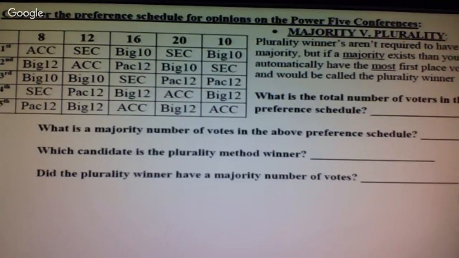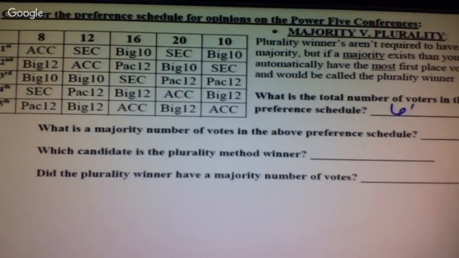So basically a summary of what I just said. Plurality winners aren't required to have a majority. But if a majority already exists, then they're automatically the plurality winner. So what is the total number of voters that are in this preference schedule? How many total voters do I have here? 66.